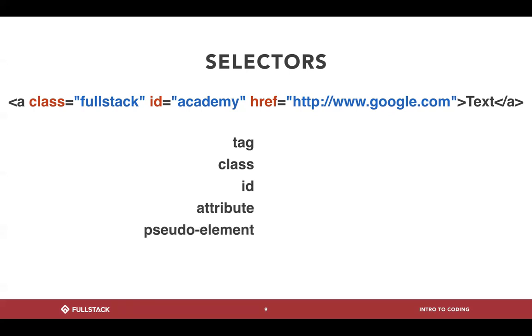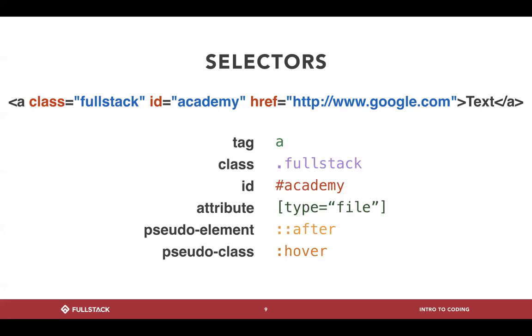You can also have pseudo elements and pseudo classes. We're not really going to get too far into those today, but hover is a good example of a pseudo class. When you hover over something, under the hood it applies something like an attribute or a class to an element.